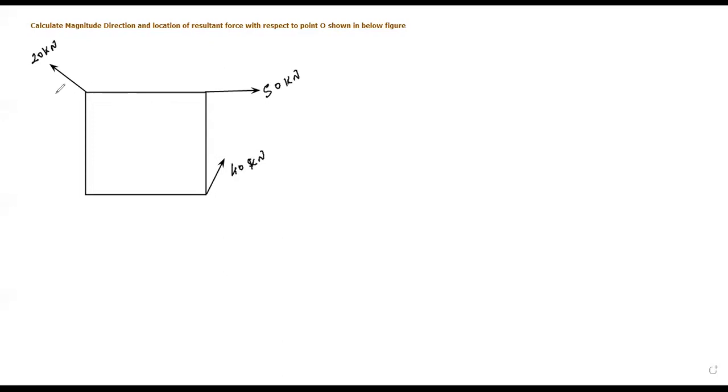Angle of this force given with x-axis, that is 10 degree. Angle of this force with y-axis given that 30 degree.